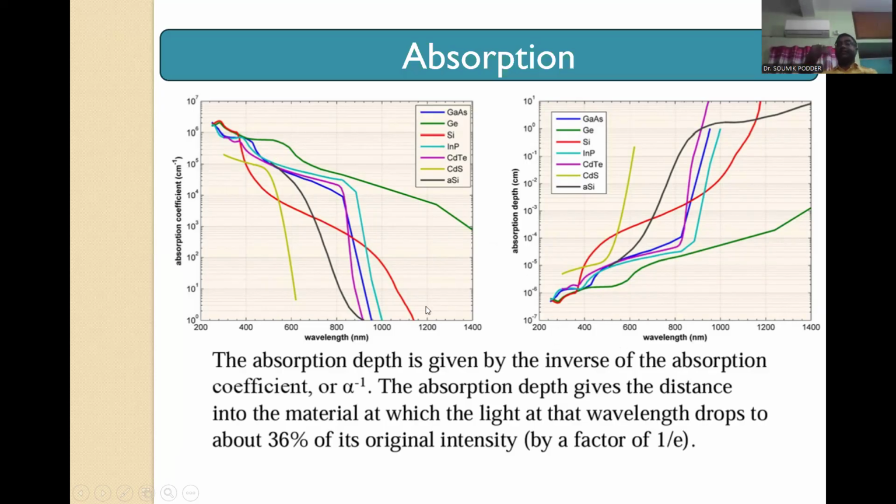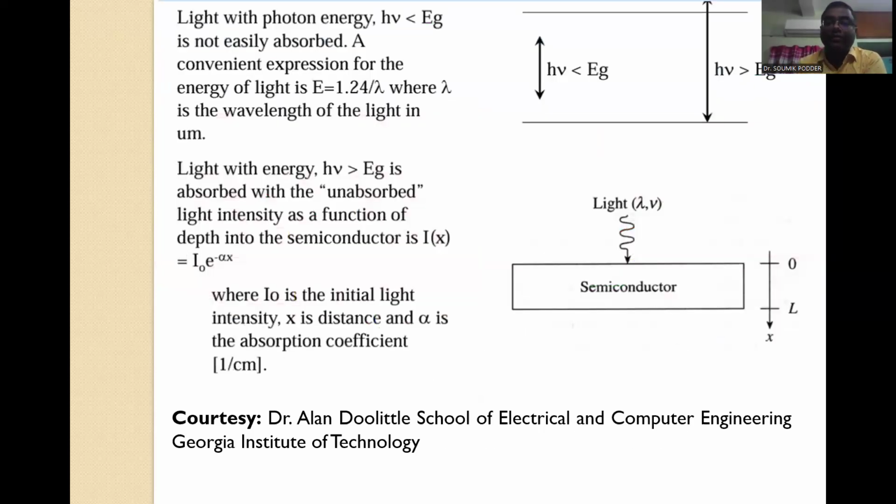Alpha is decreasing very steeply, so the alpha value will be very much reduced as wavelength increases. So it is very interesting: if the slope is sharply decreasing, that means more light will be absorbed.